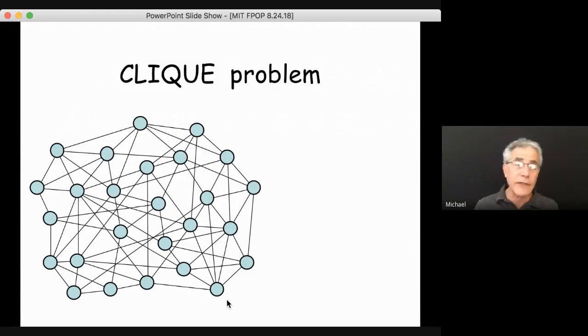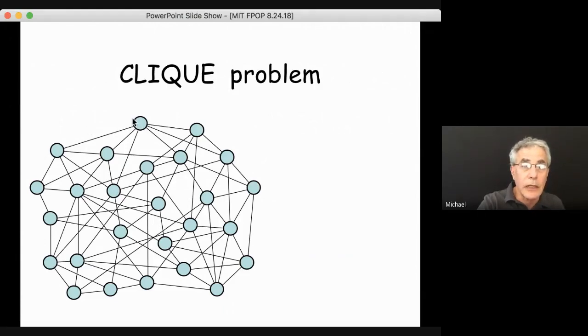And you might think of these as representing, for example, members of your immediate family. So these nodes are the members of your immediate family. And, as we all know about families, not everybody likes one another. So we're going to just put an edge connecting two of these nodes representing people in your immediate family.